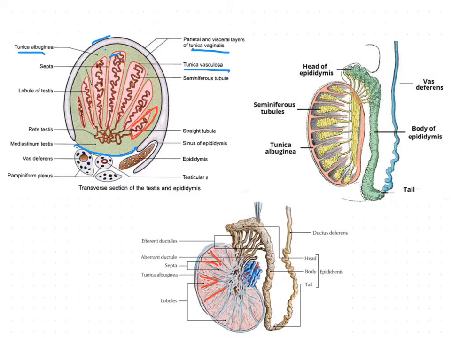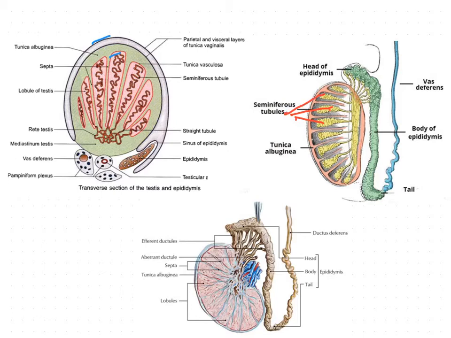Now we will see the structure of the testis. The structure of the testis consists of the glandular part, which has 200 to 300 lobules. Each lobule contains 2 to 3 seminiferous tubules. So you can find these seminiferous tubules.